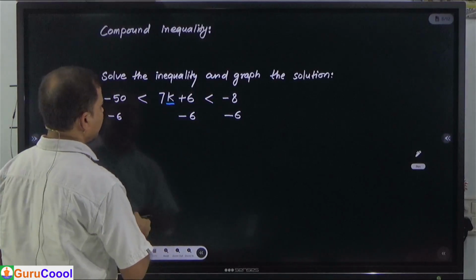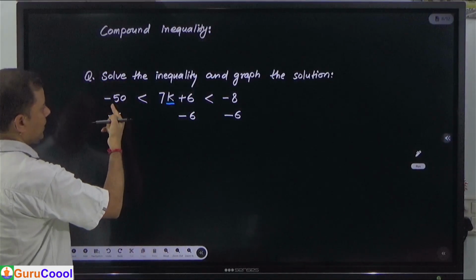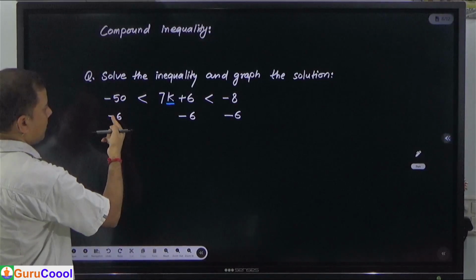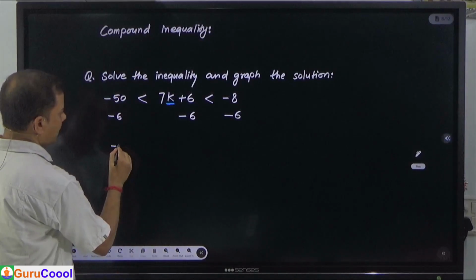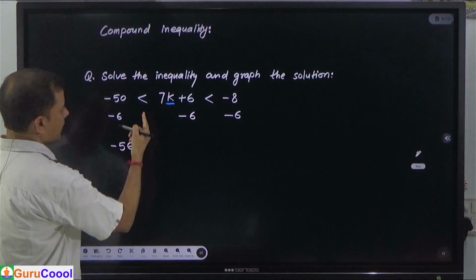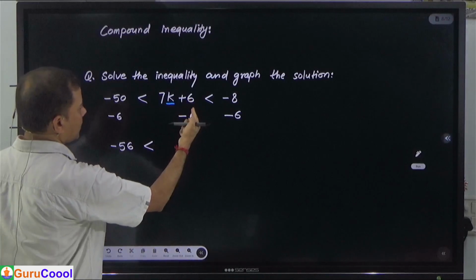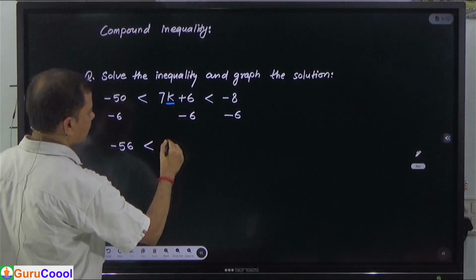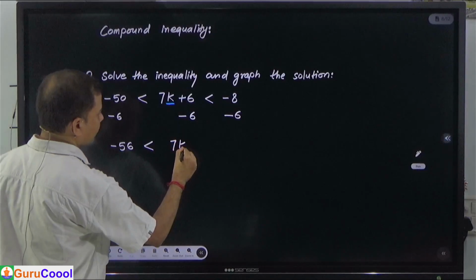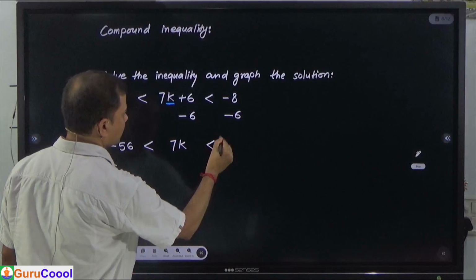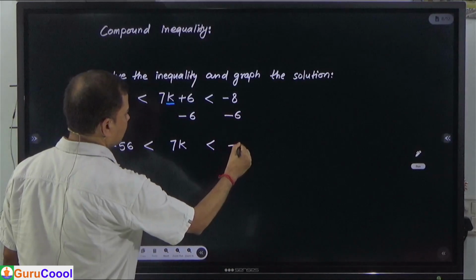Then what happens? On the left side we have minus 50 minus 6, so we get minus 56. Lesser than sign is as it is, no change. Here plus 6 and minus 6 cancel out, only 7k remains. And lesser than minus 8 minus 6 is minus 14.